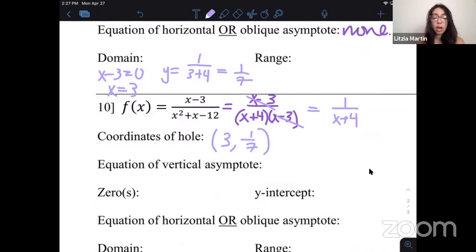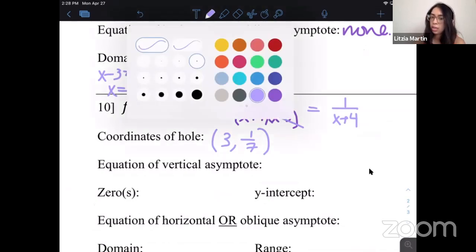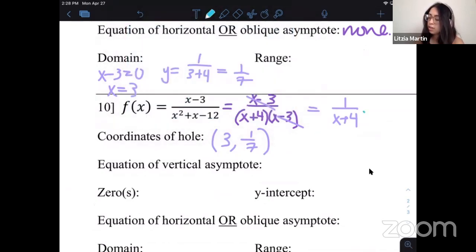There is going to be a vertical asymptote. All I have to do is set that denominator equal to 0. So x plus 4, set that to 0. It gives me -4. So that's going to be my vertical asymptote.